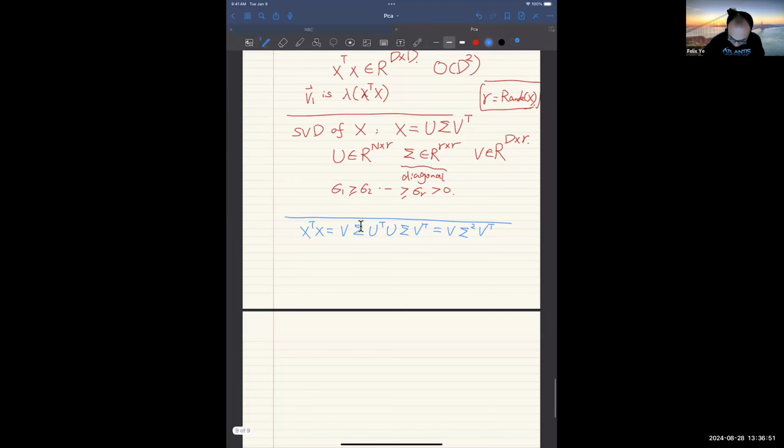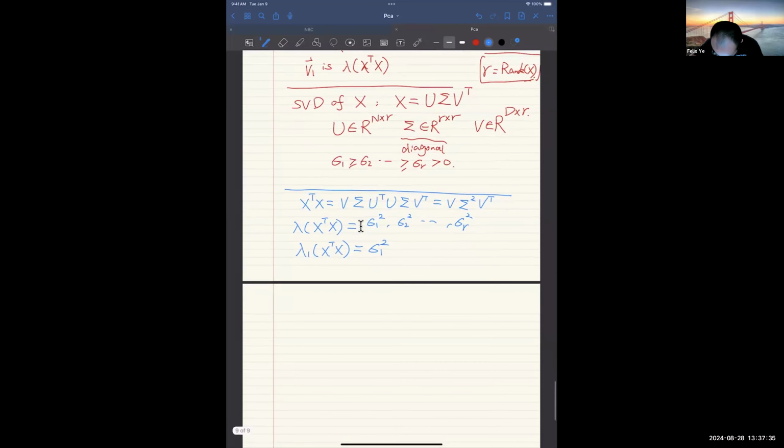That means the eigenvalues of X transpose X are sigma 1 squared, sigma 2 squared, up to sigma R squared. So the first, largest eigenvalue of X transpose X is nothing but sigma 1 squared. And that means my V1 is just the first column of the matrix V.